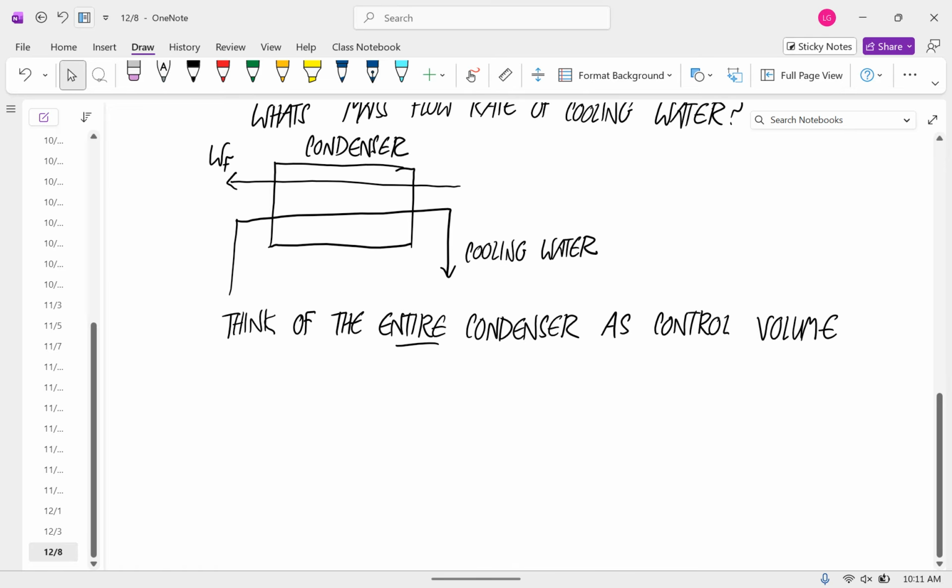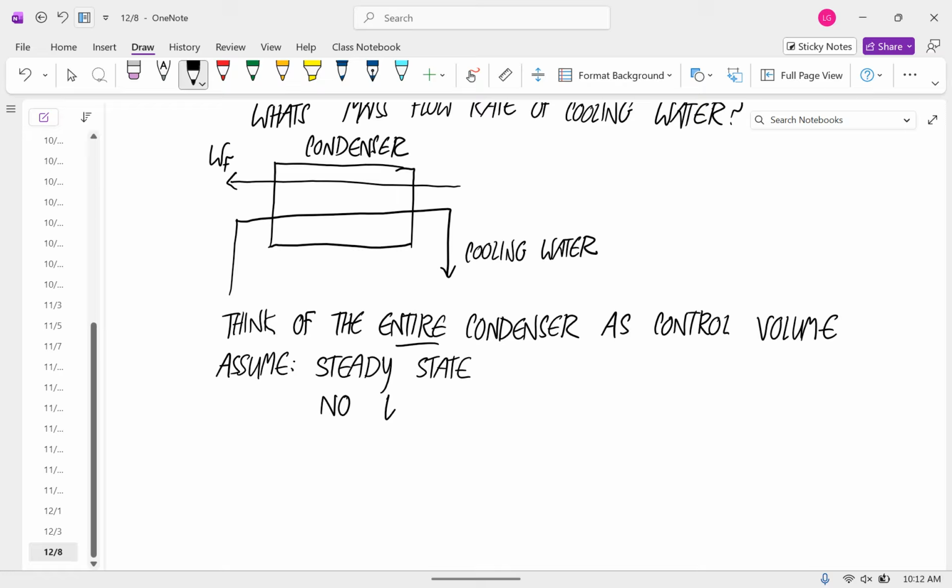We're going to assume that it's steady state. It's rigid, so all it's doing is trying to let heat transfer occur between these two pipes. So we're going to assume that there is no work done by this control volume.